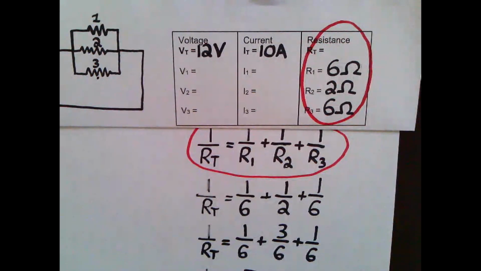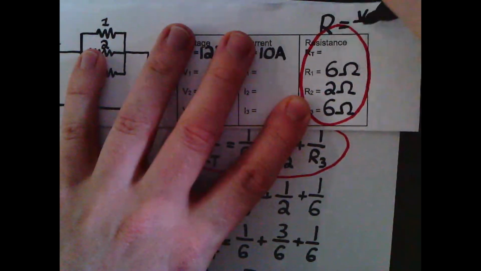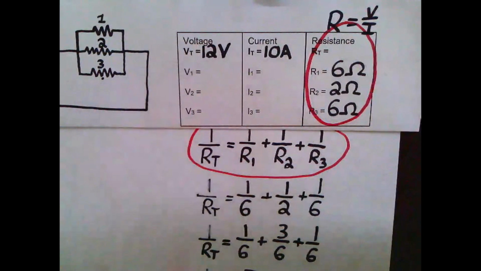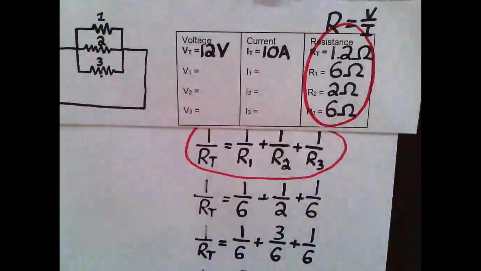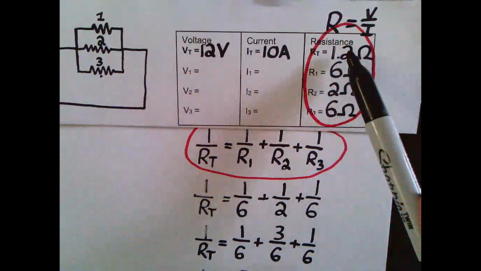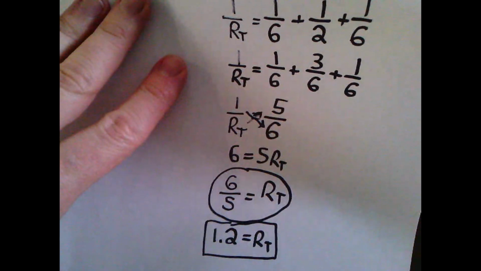Use this formula, R equals V over I. We saw in the video, 12 divided by 10 is 1.2. So either way you do it is fine. I'm just saying probably the easiest thing to do is 12 divided by 10 to get 1.2, rather than doing all of this work to realize that it's 1.2. Okay, that's it.